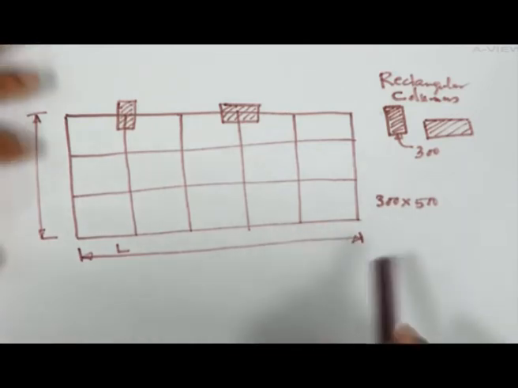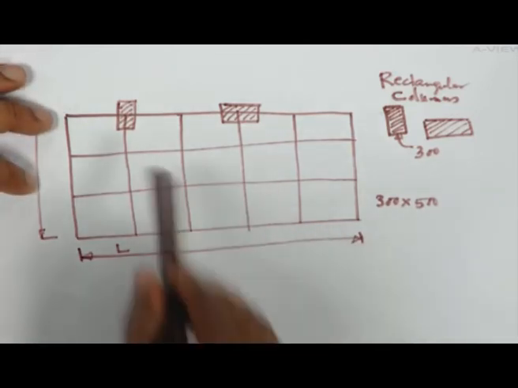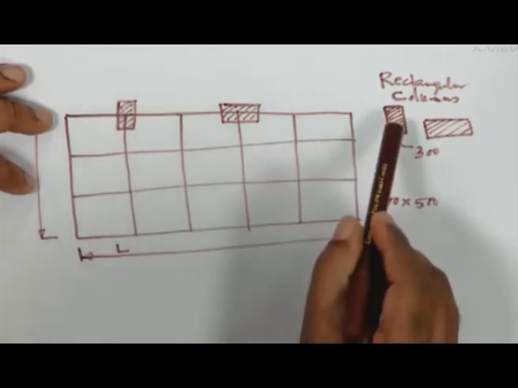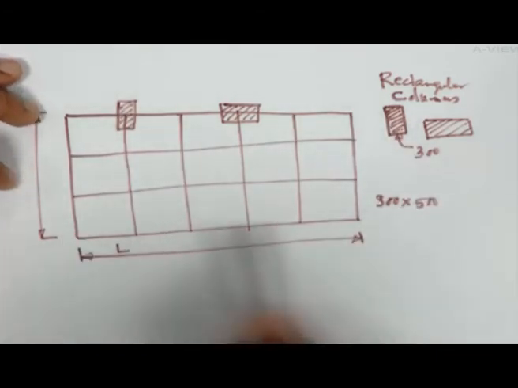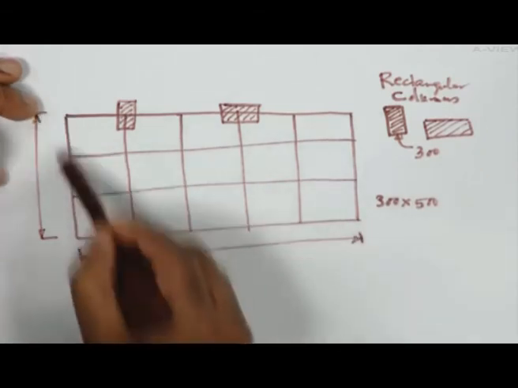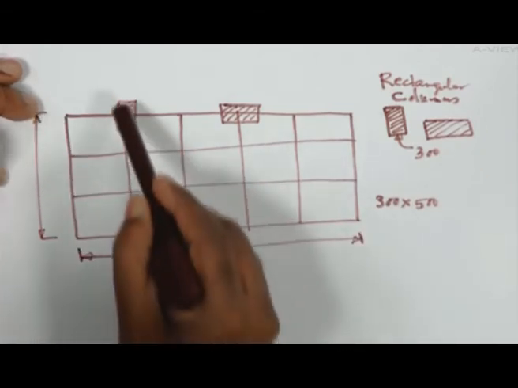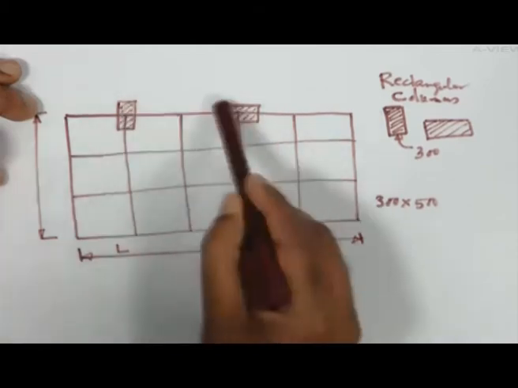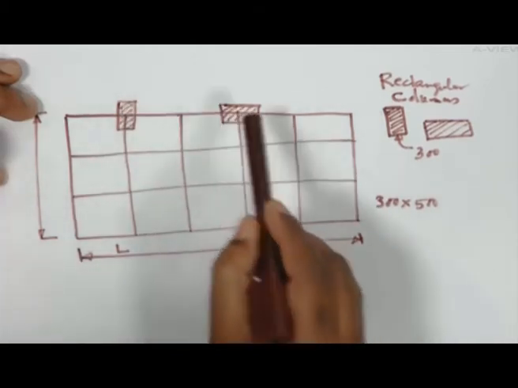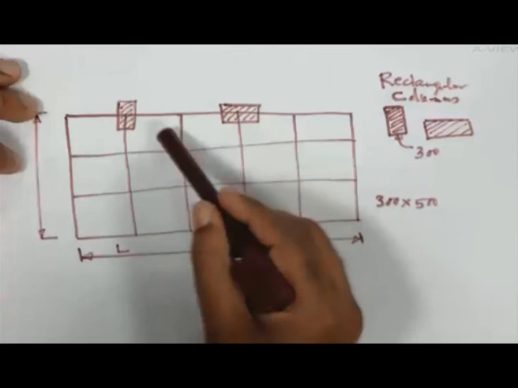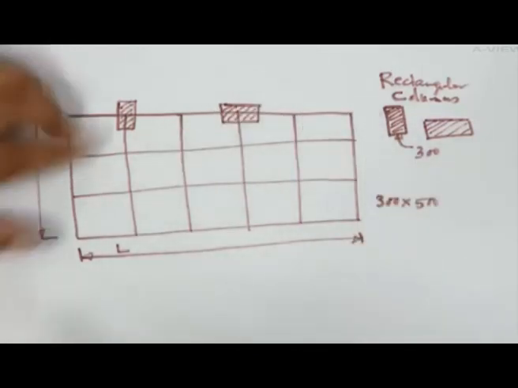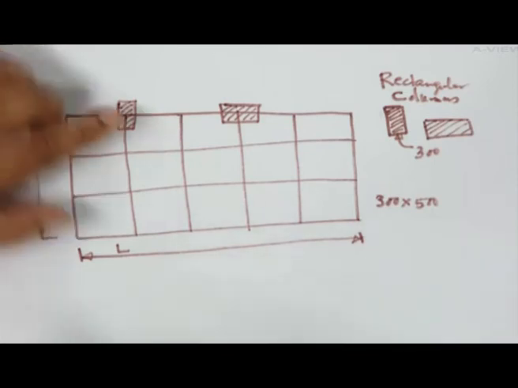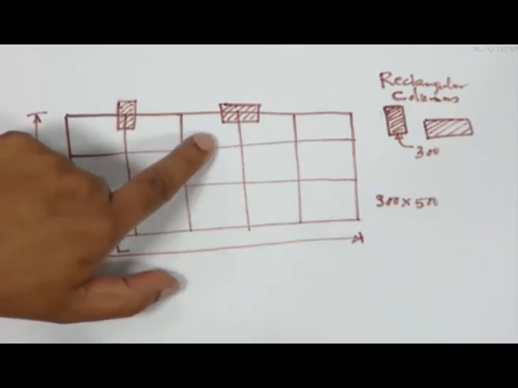If I have a rectangular column of 300 into 500, this side it is more, this side it is less. So shall we provide this way or shall we provide this way? These are the two options. I am not considering any inclined one, only two options at 90 degrees. One can be in this manner or it can be in this manner also.